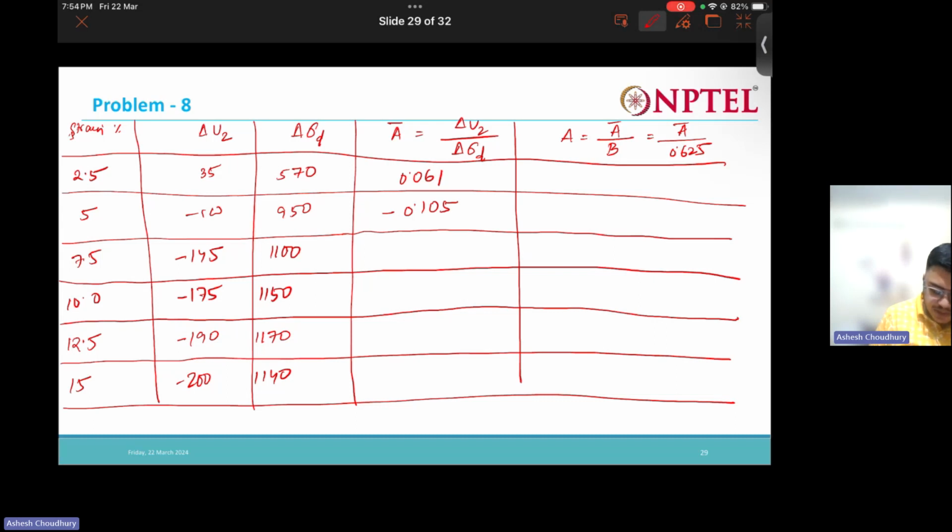Then minus 148 divided by 1100, we'll have minus 0.132, 0.152. Similarly, after that, we can divide A bar by 0.625 to get A. 0.097.